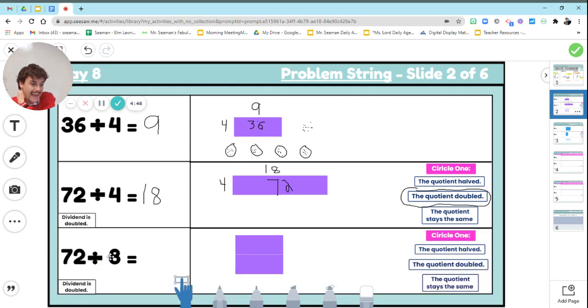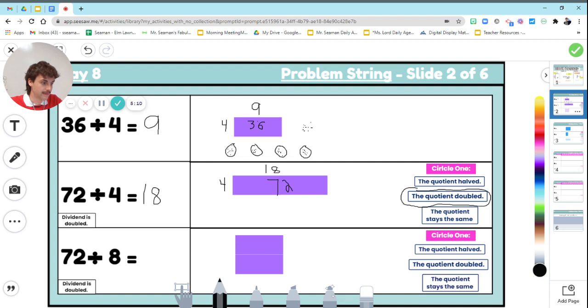72 divided by 8. Divided by 8 now. The dividend stayed the same, so it stayed 72, which means I need to have this area, but what changed was my divisor. 4 turned into 8, which means it doubled. So I'm going to write this side as 4 and 4, but all together it's 8.